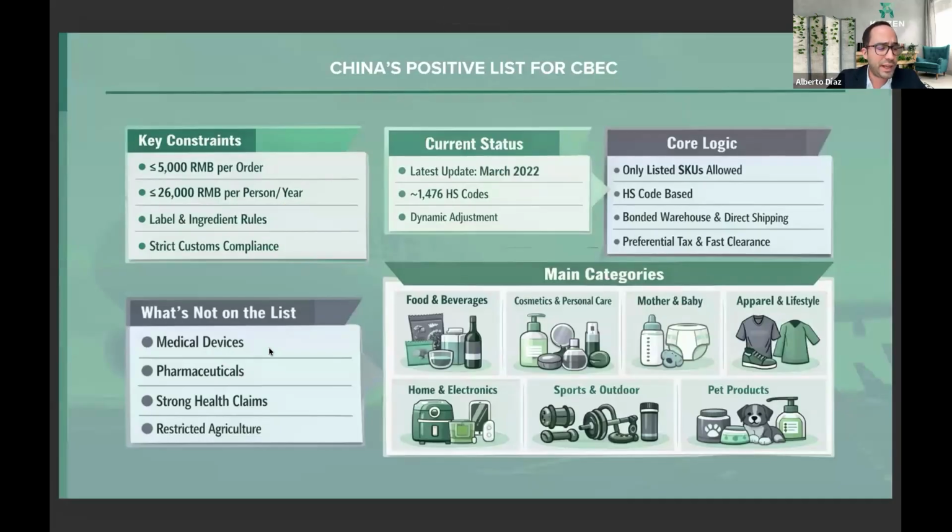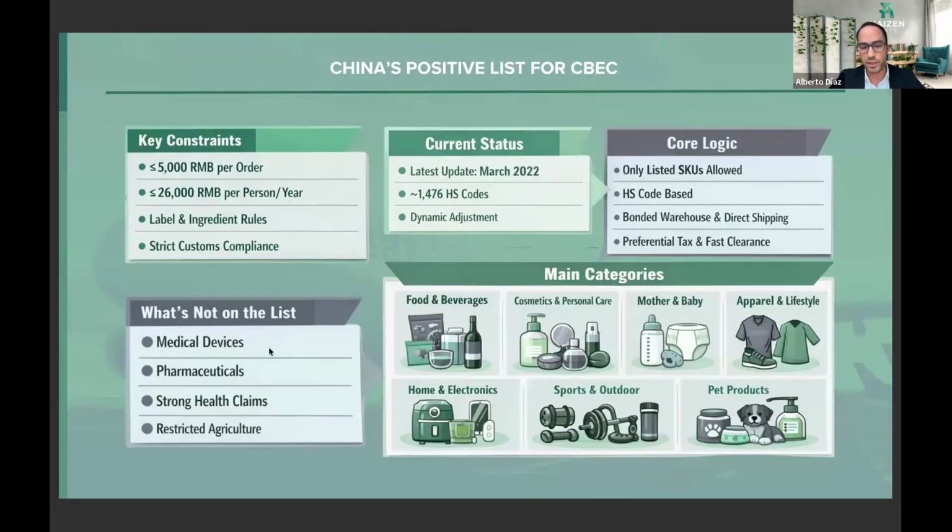So what are the industries that are eligible or that can sell through this model? There's a document called the China Positive List. We can share this resource after the webinar, but it is basically a list that outlines all of the allowed industries. And there are many that are interesting for European SMEs.